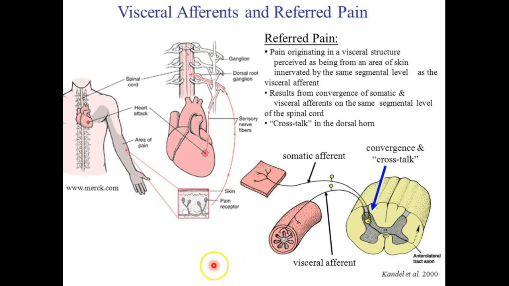There may be ascension or descension before that joins up with a spinal nerve, and along those pain pathways there may be crosstalk. So while this is the part that's experiencing inflammation in the organs, that neuron firing is going to activate the same neuron as a patch of skin in a dermatome. That's how we get some of our wacky referred pain patterns.